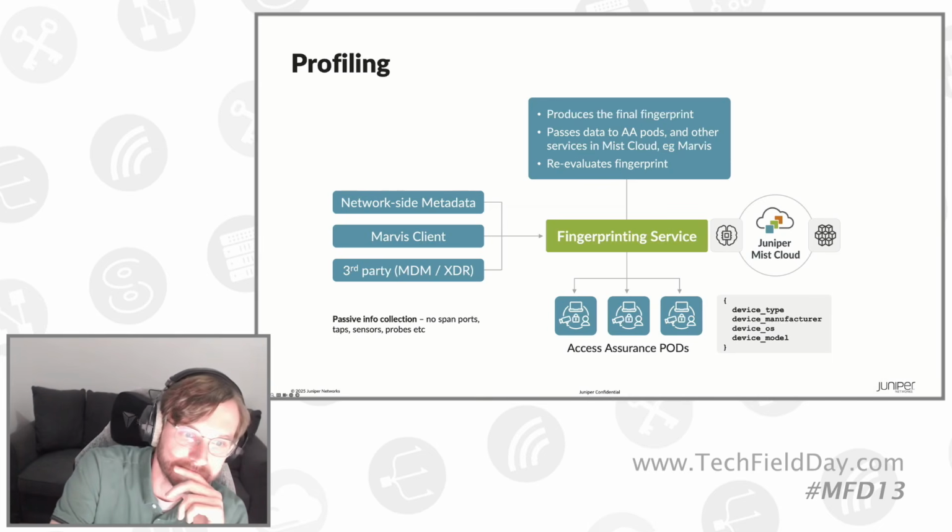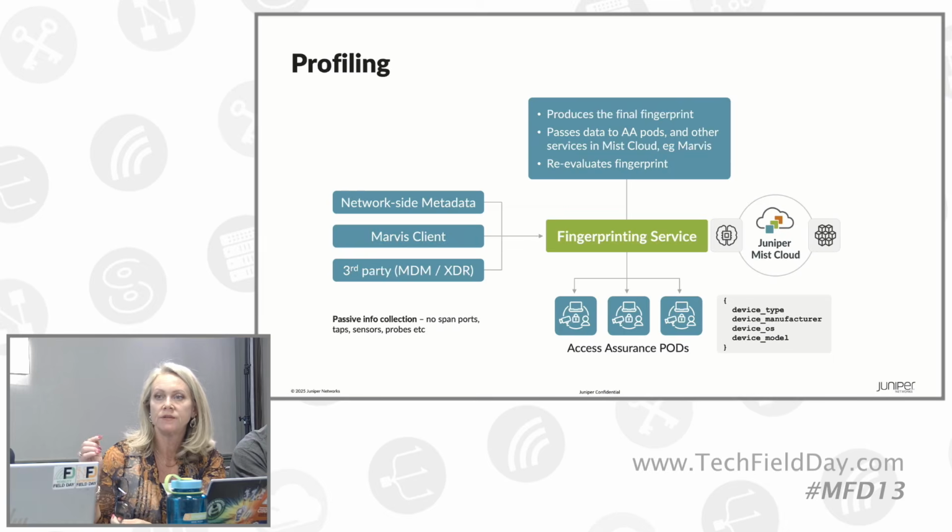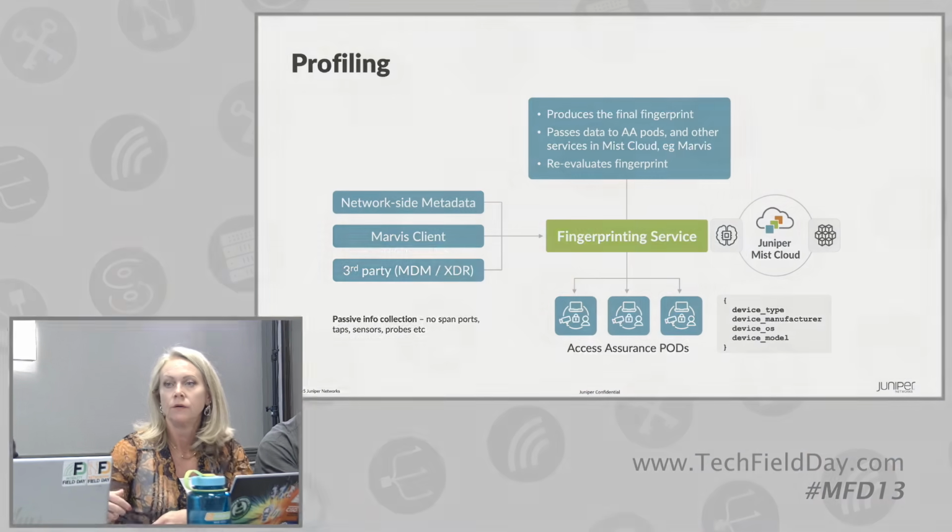Hey, Slava. Yep, please. If it's passive, is that assuming it's just your infrastructure, whether it's switches or APs? Not only. For third party, we also get information in RADIUS accounting. There are device sensors in pretty much every solution out there. They would send you the metadata that we need, and we can parse that as well.